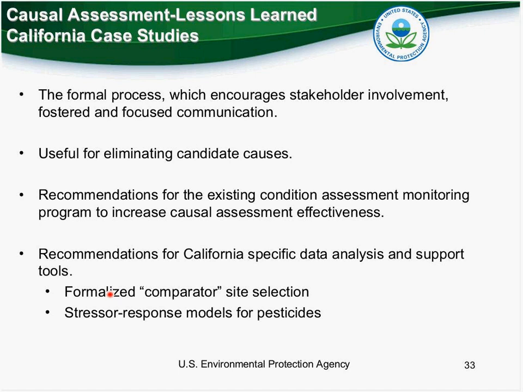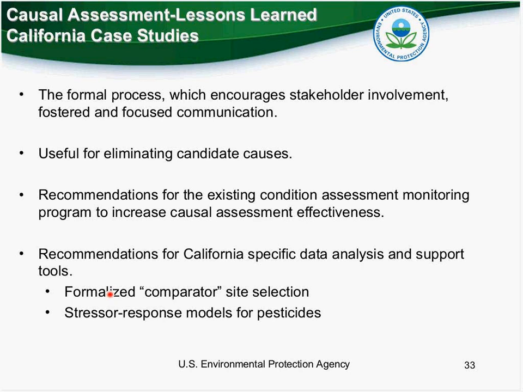It's low in nutrients. It's not exposed to pesticides. It has good, high-quality water quality. It's got good habitat. It's got good flow. But when the comparator site is really messed up, it's going to be really hard to narrow down what the cause of that was.